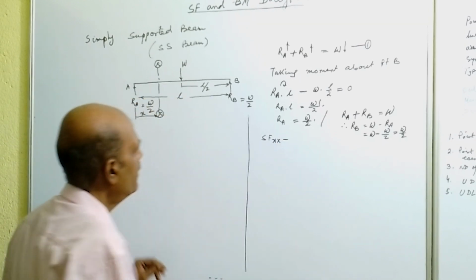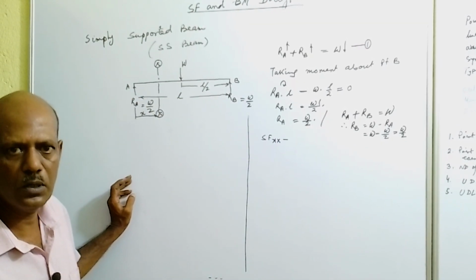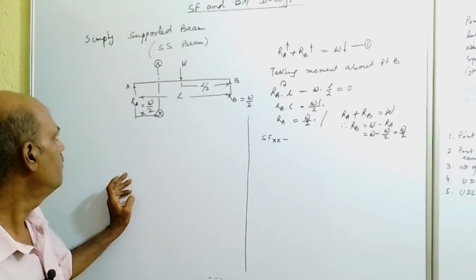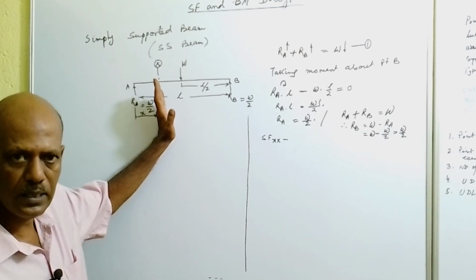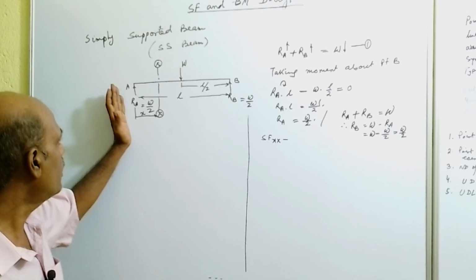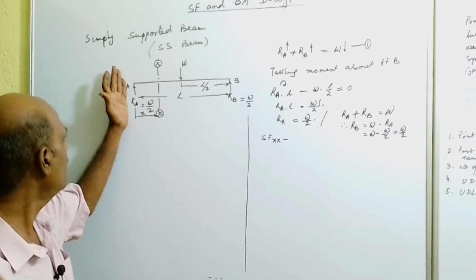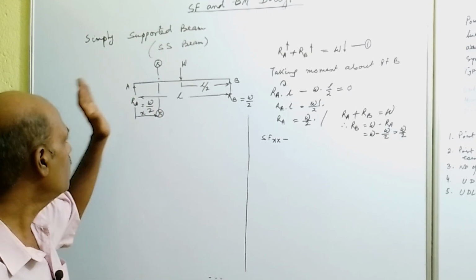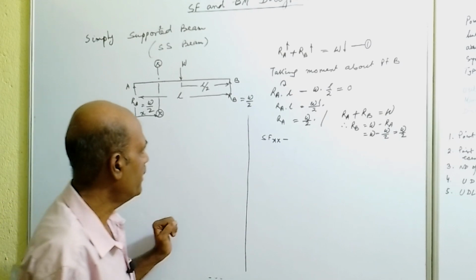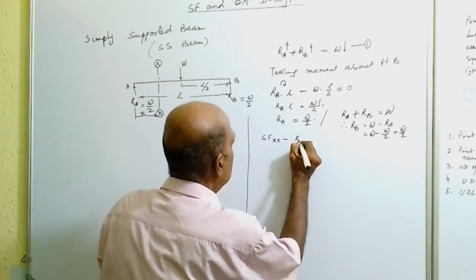As per the definition of shear force, it is the algebraic sum of all vertical loads acting to one side of the section. The XX section we have considered. On the left side, the only load acting is RA. So the shear force at section XX is equal to RA.